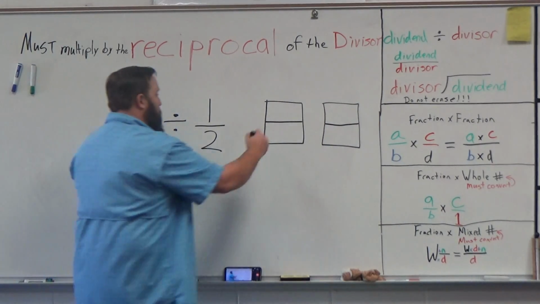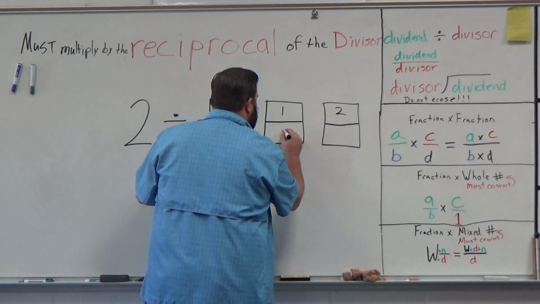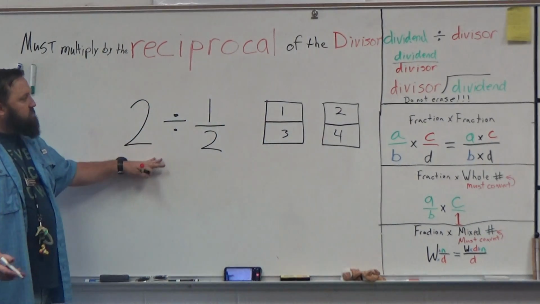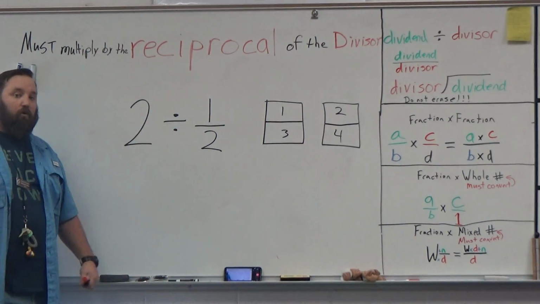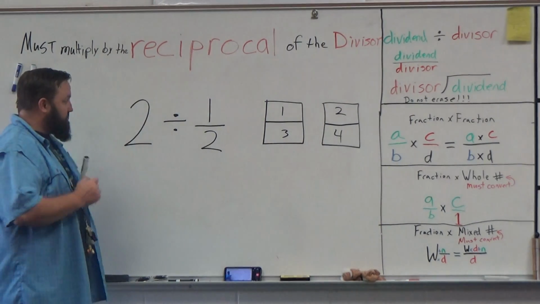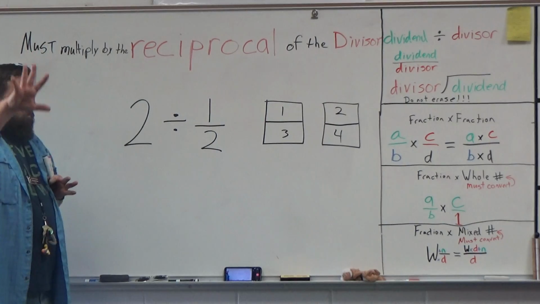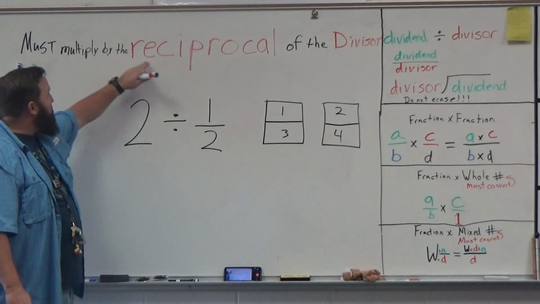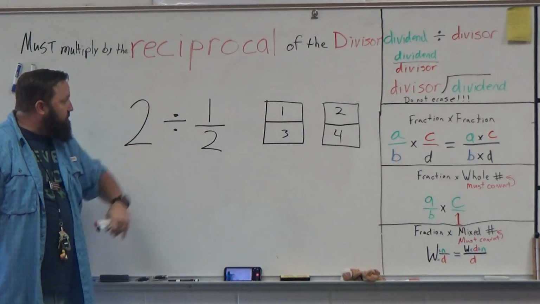I have 1, 2, 3, 4, right? So somehow this division problem has to give me an answer of 4. Now, it's division. So, let's go back. How do I do division of fractions? I must multiply by the reciprocal of the divisor.